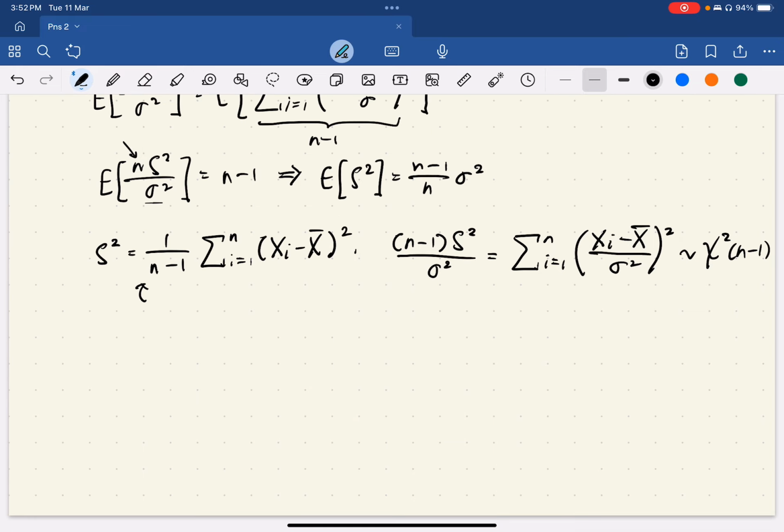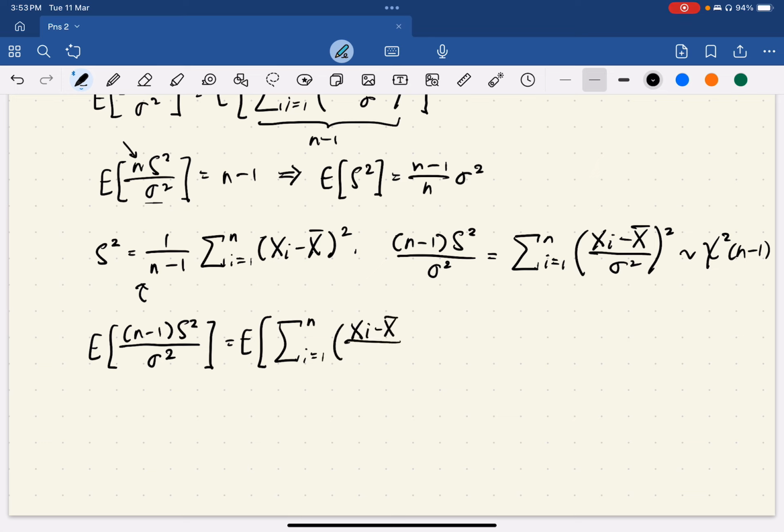And if you take the expectation of (n minus 1) times S squared over sigma squared, we know that this right-hand side here is just n minus 1.